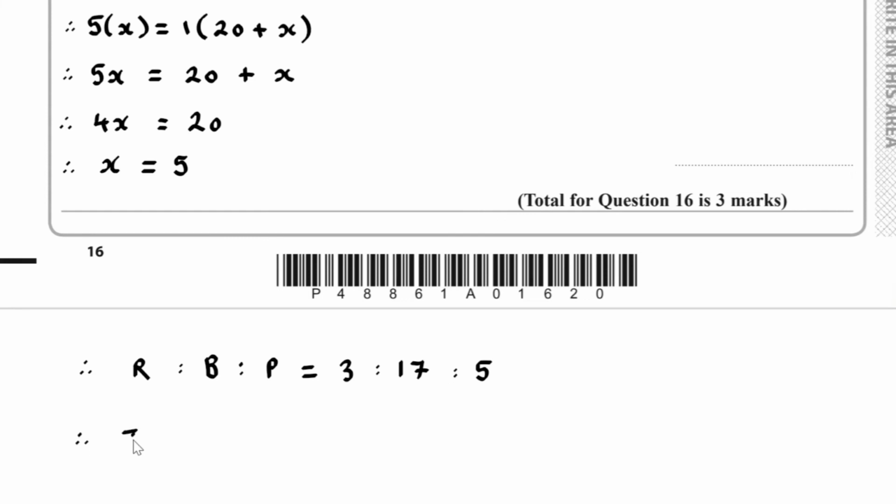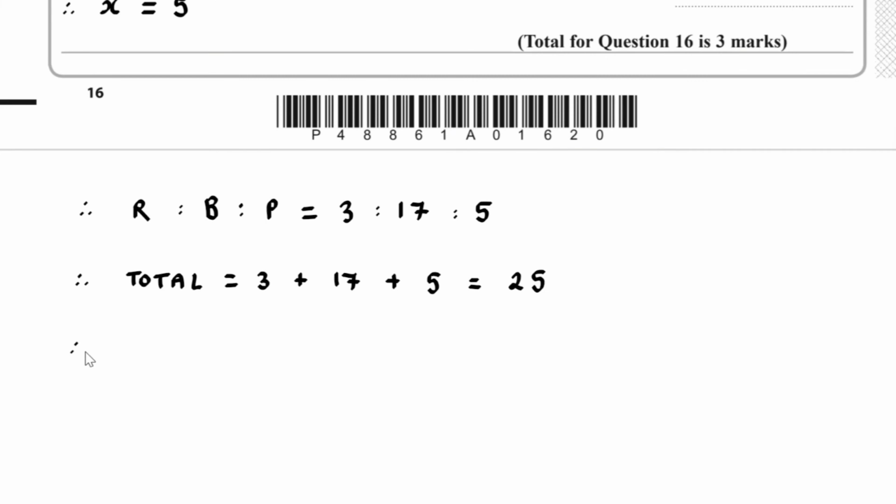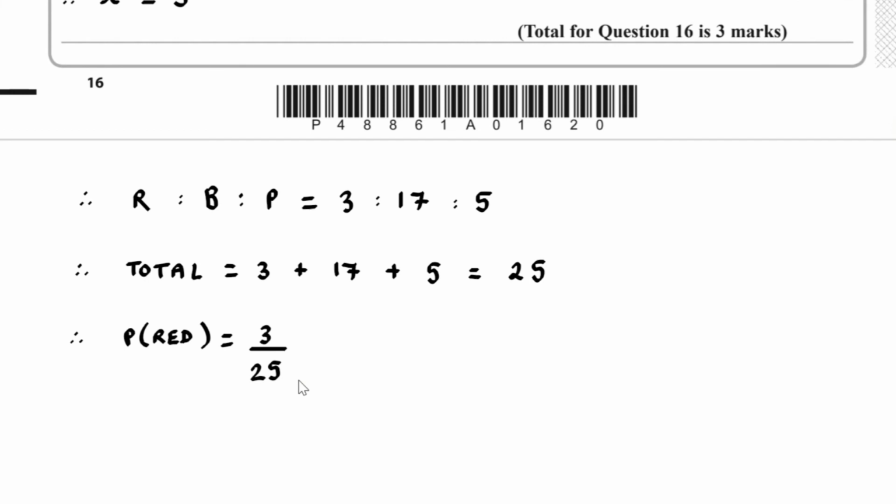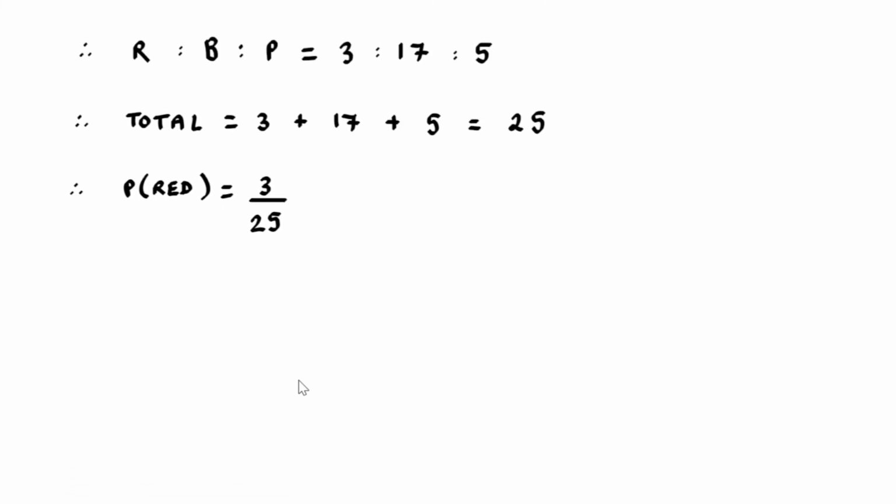And so the total, that's equal to 3 plus 17 plus 5, which is 25. And therefore the probability of red, that's equal to 3/25, because we have 3 out of 25.